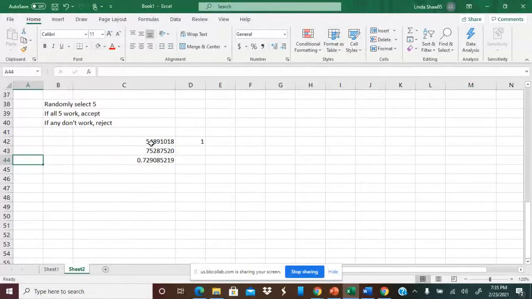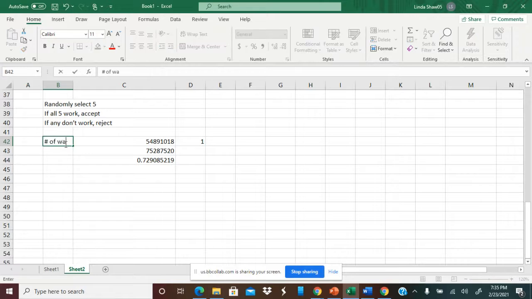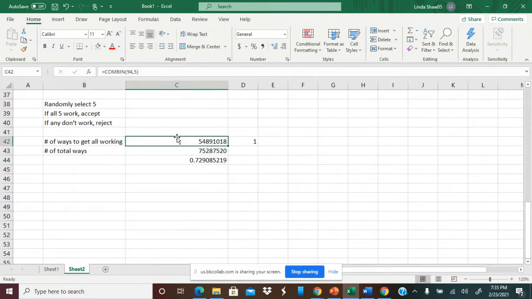Maybe Linda will label that a little with words. That's the numerator, and you're dividing by the total number of ways. Linda will click on the formula and show you. If you look up at your formula, you see it is 94 choose 5, and she took it times 1, like I was showing her.